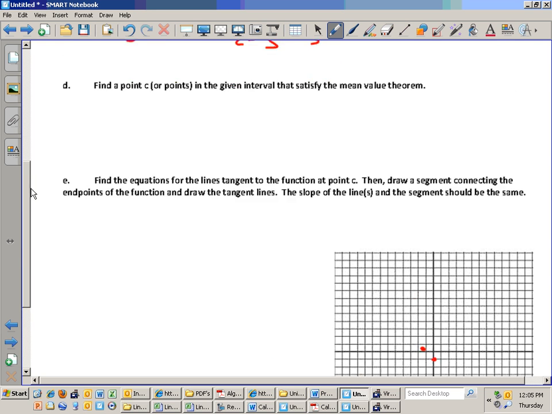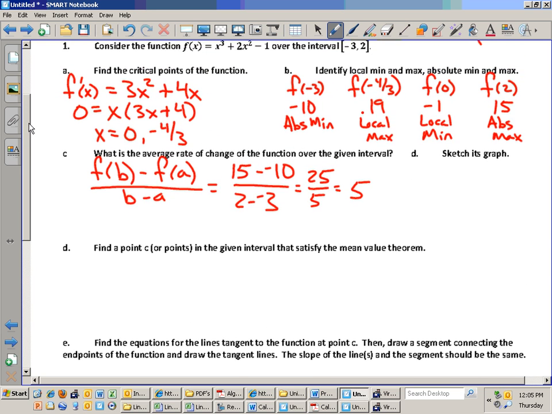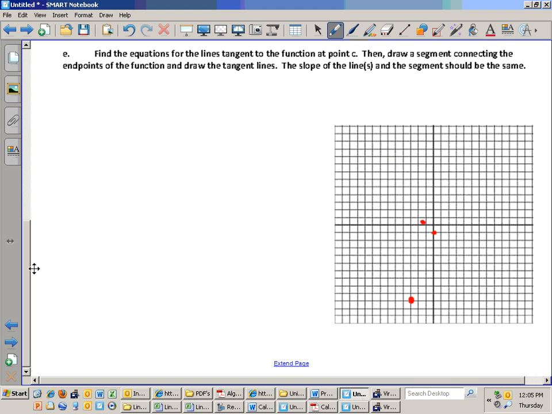And then how about at 2? It goes all the way up to 15. Okay. So that's our graph. I can draw it. Come up here, do this little local min thing, local max thing. Make it up there. And that's a general sketch of my graph over that given interval. Okay?